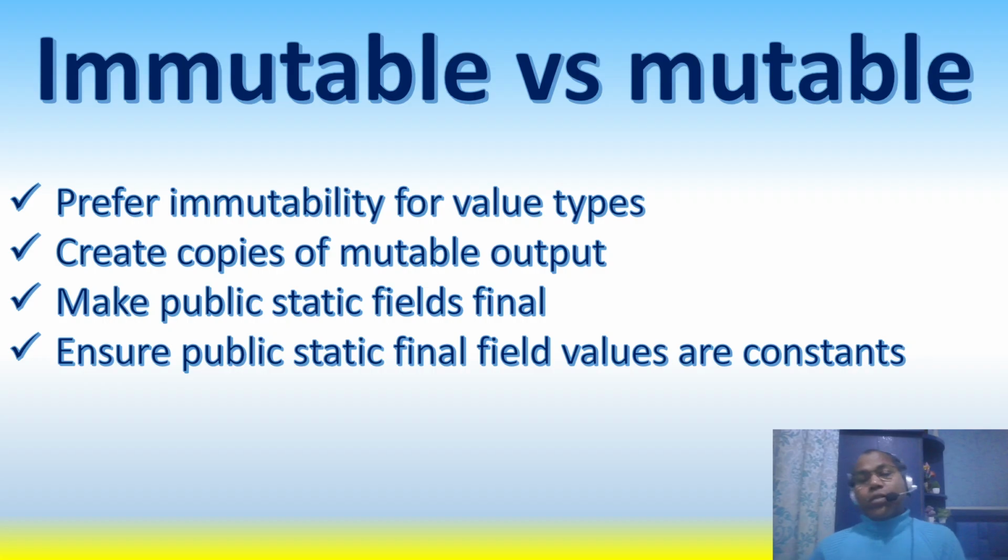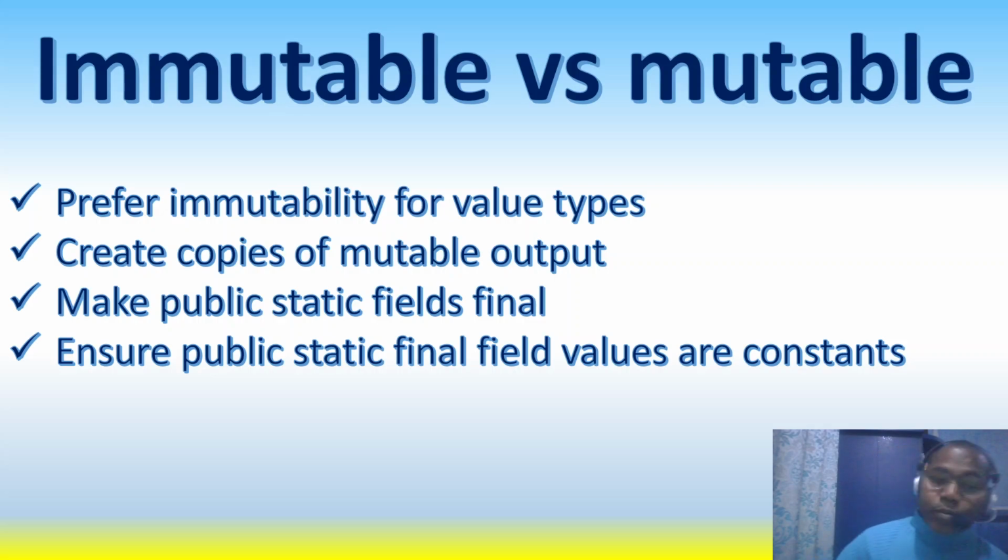So these are the same points I am trying to convey. Whenever you have an object, you can use both mutable and immutable. Local scope mutability is fine and you can do it, but for objects which are passed across methods, across function calls, across modules, please prefer immutability.